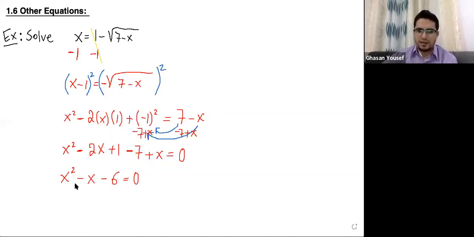So now after I simplify and move everything, I get an equation, and we saw something like this. What kind of equation is this? x squared minus x minus 6 equals 0.